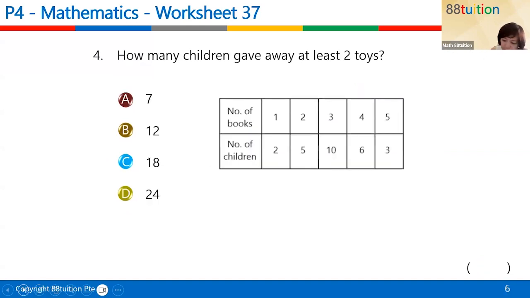How many children gave away at least 2? So at least 2 is here. Can you change this to books? Here are books, right?